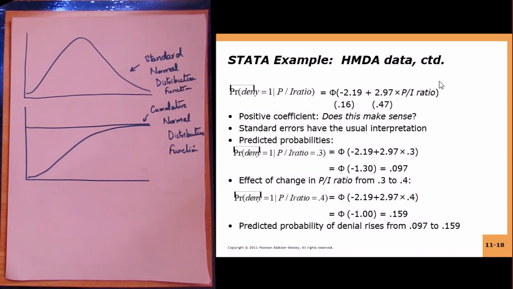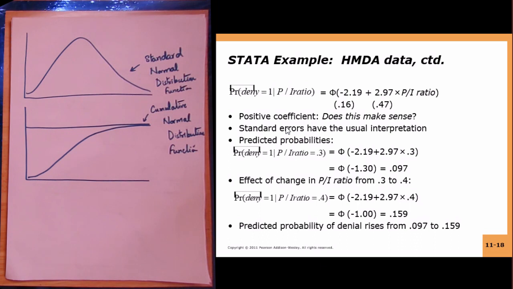Does this make sense? As your PI ratio goes up, the payment amount becomes a larger and larger part of your income. For people where the payment is a large part of their income, they may not be able to make their payments, as a result of which the probability of their mortgage applications being denied will be higher.